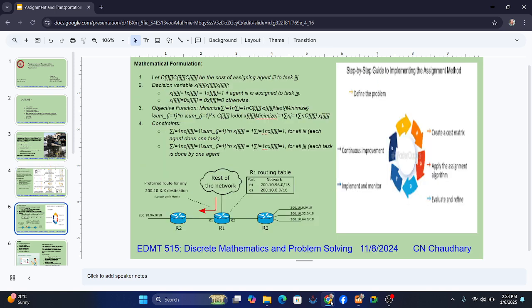Here I have also attached the mathematical formulation on the screen, and a step by step guide to implementing the assignment method, which you can see on the screen. Create a cost matrix, apply the assignment algorithm, evaluate and refine, implementation and monitoring, and continuous improvement.